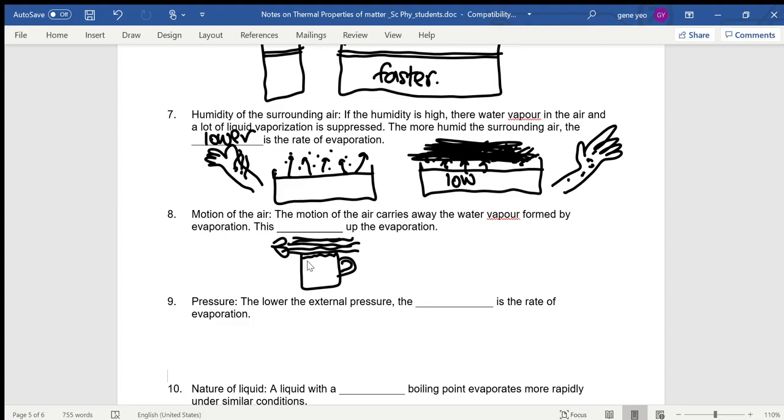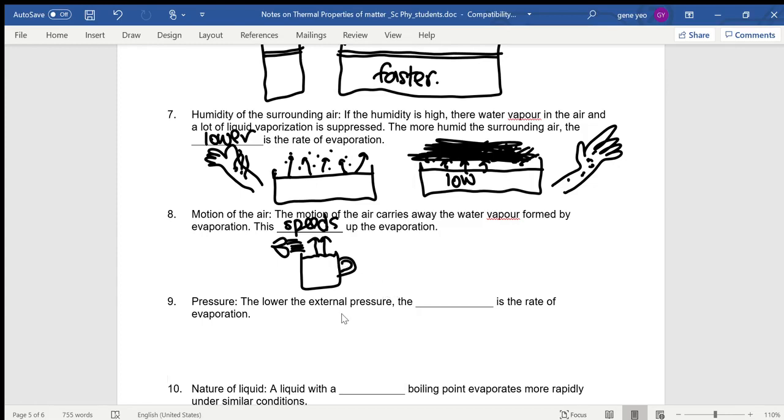When we do this, we are actually creating space above the liquid for the liquid to evaporate away. So when we blow across the surface of a liquid, we are increasing the rate of evaporation. So this speeds up the rate of evaporation. Okay?